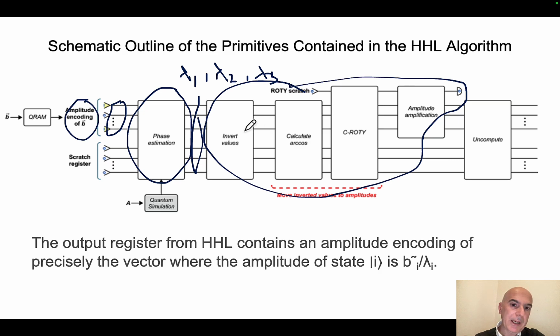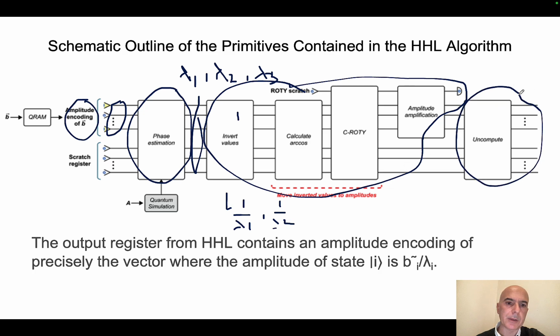We might have a different kind of machinery to invert. So we go from lambda 1 to 1 over lambda 1, 1 over lambda 2, and so forth. Then at the end, we have an uncompute part to disentangle the quantum register, to allow additional operations.